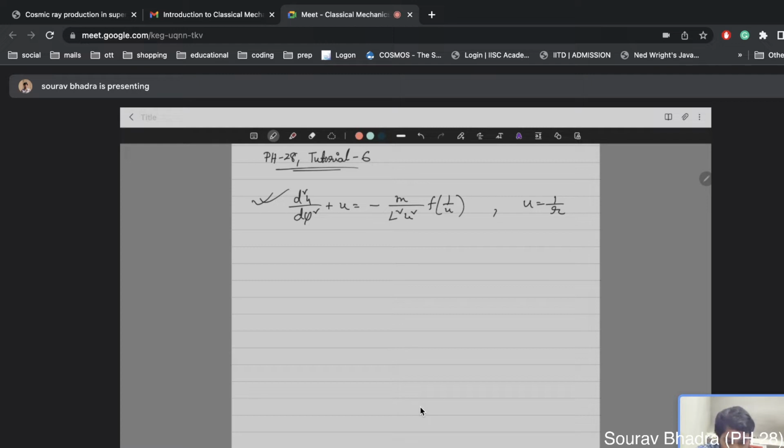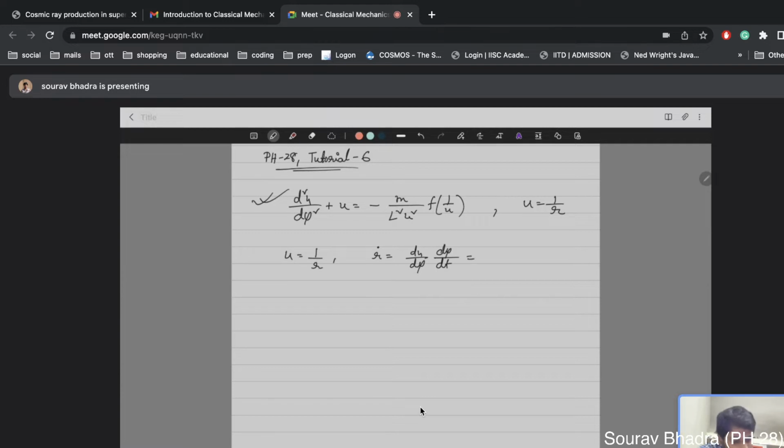As we have taken u equal to 1 by r, that means r dot, which is dr by dt, we can write as dr/du times du/dphi times dphi/dt.